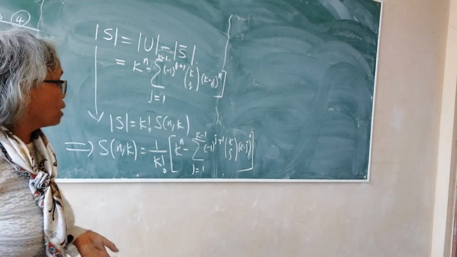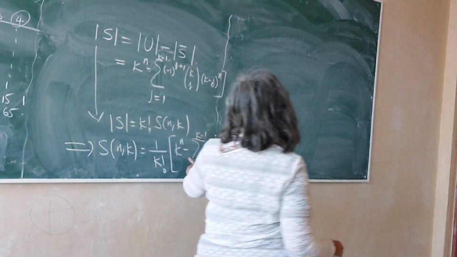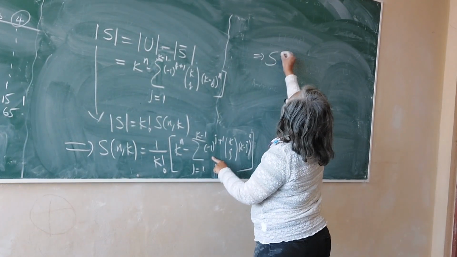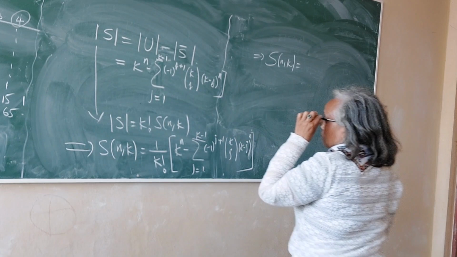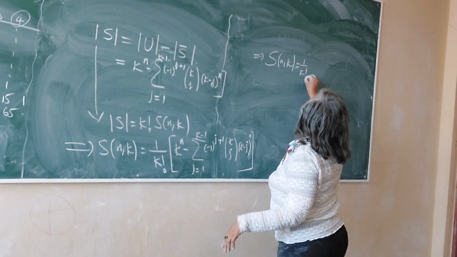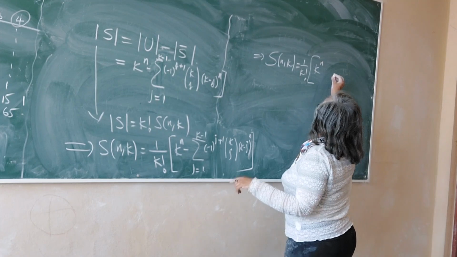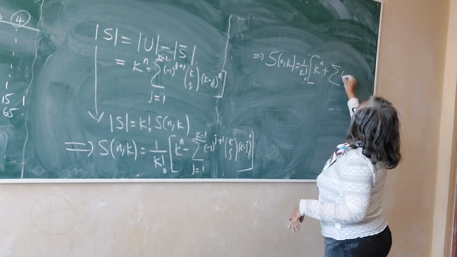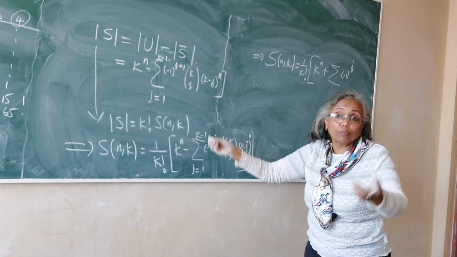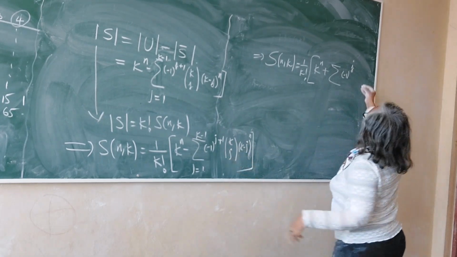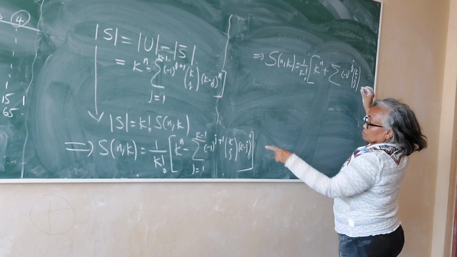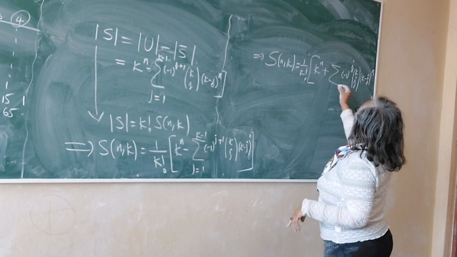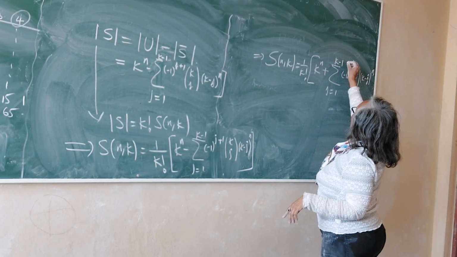That's what we obtained. It could also be expressed as S(n,k) equals 1 over k factorial times k raised to n plus the sum, j varying from 1 to k minus 1, of minus 1 raised to j times k choose j times k minus j to the power of n.